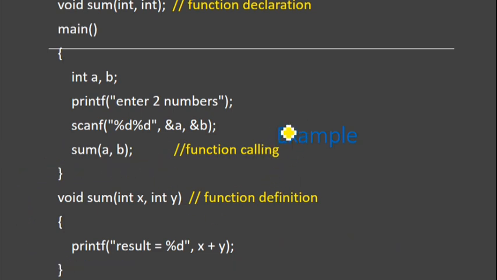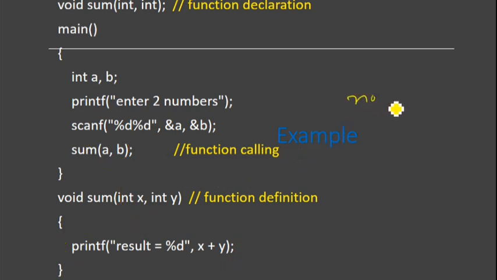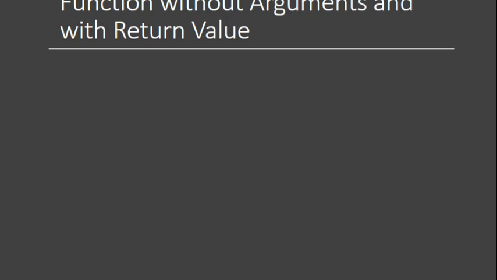But in this program, a function with arguments and no return value, hence display is done here. Simple. A function with arguments means the main function has to pass the values to the called function. A function which does not return any value means the display is done in the user defined function. Okay, so let me execute this.